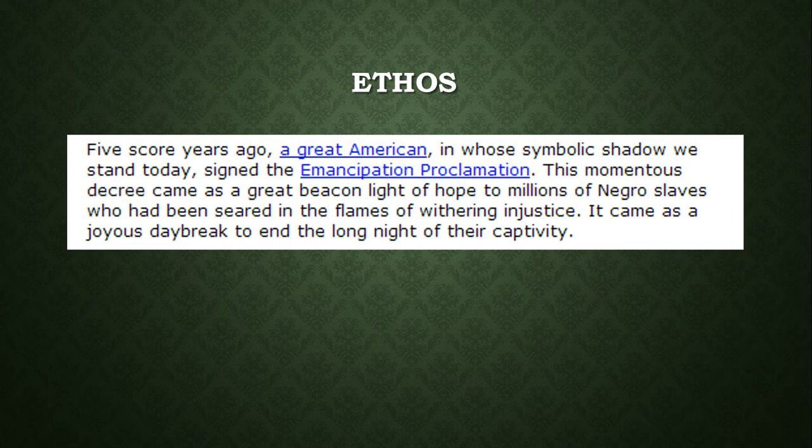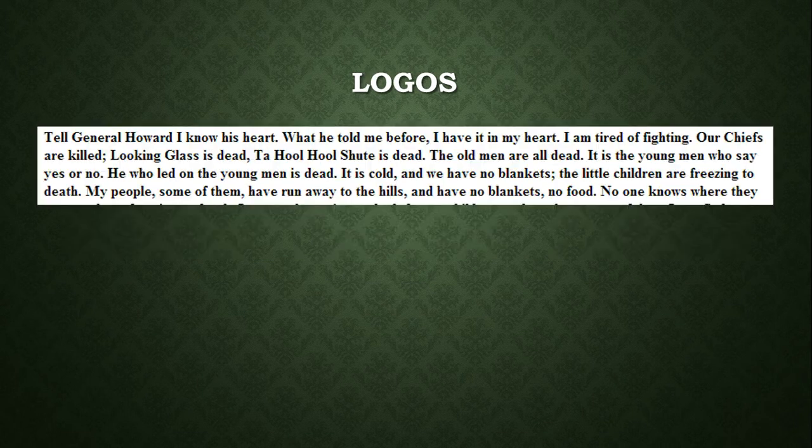And so this is an appeal to a significant moment in the history of the American people. So he knows his audience and he's appealing to their sense of patriotism here.